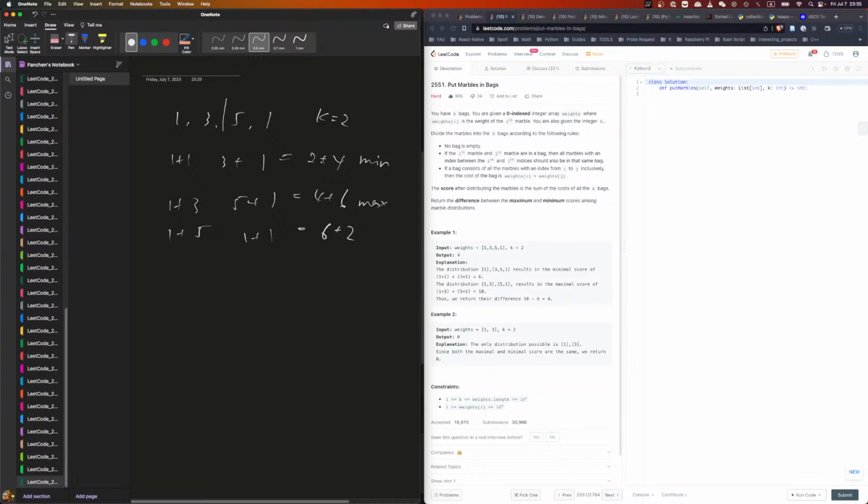Can we find the maximum score? What if the question is just find the maximum score? Okay, so we want to find a maximum score, which means a certain way of dividing where the result is the maximum. But how would you want to do that?